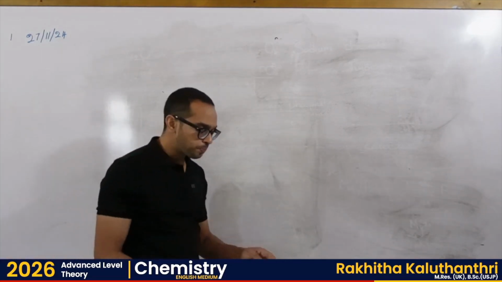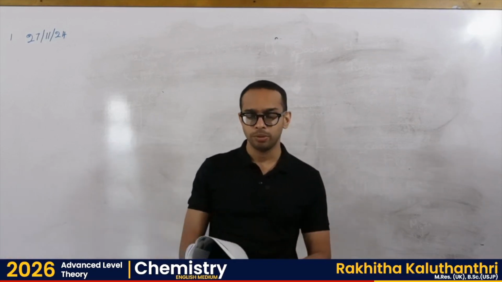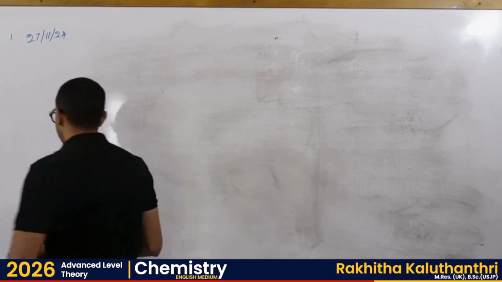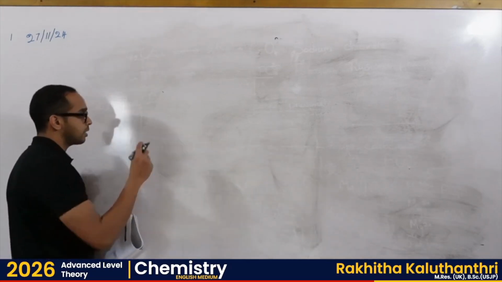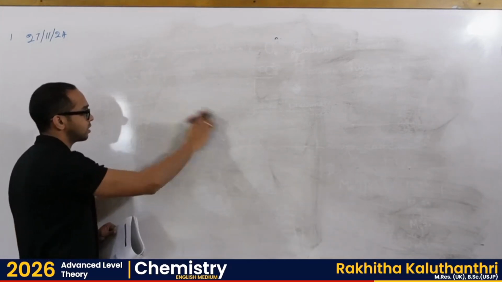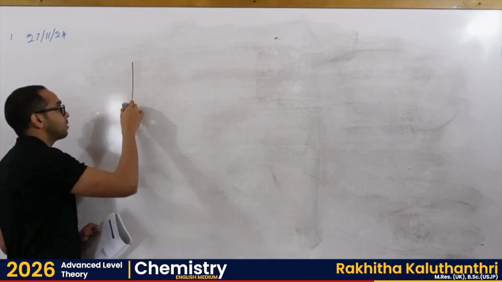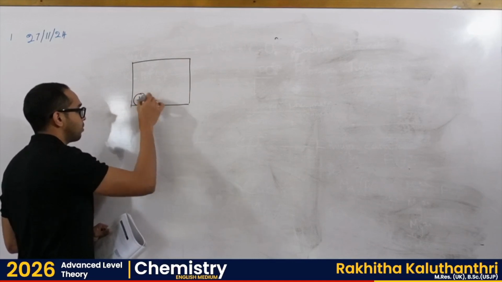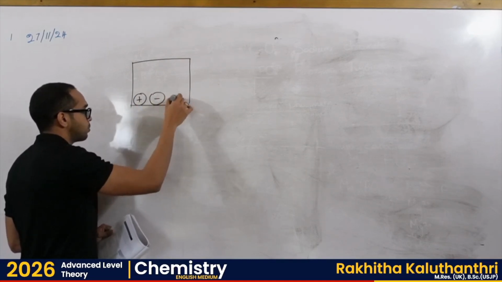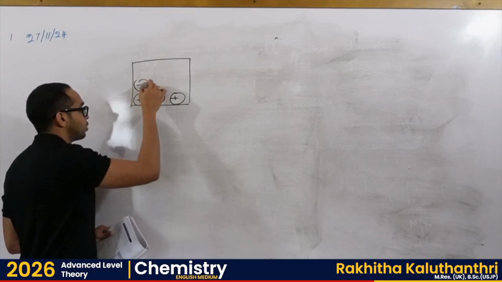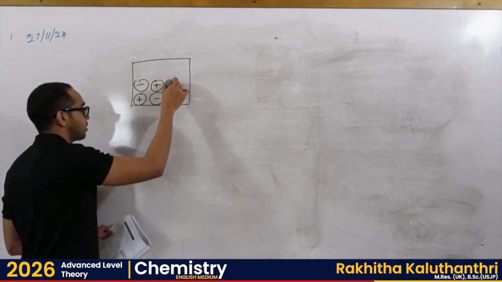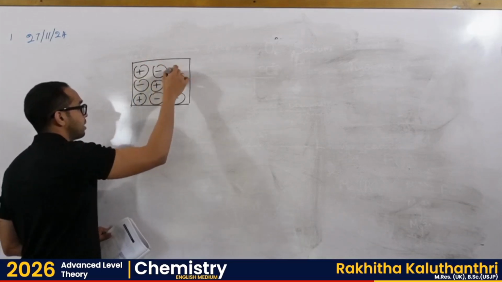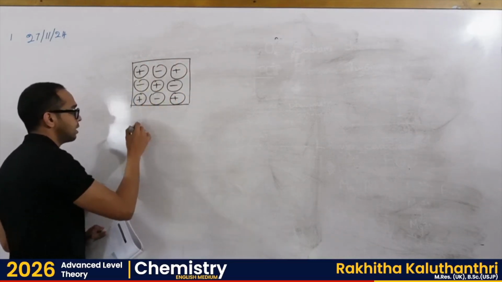Okay, now when it comes to molecular compounds, students, unlike ionic compounds, we can identify molecular compounds as simple discrete units. If you take an ionic compound like sodium chloride, what we write as sodium chloride is basically the ratio between positively charged ions and negatively charged ions present in the sodium chloride lattice.